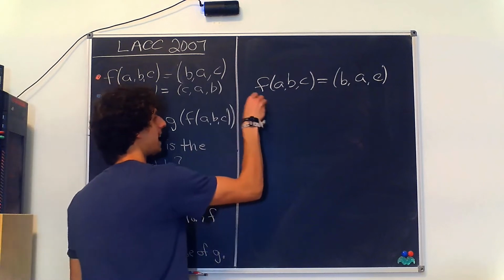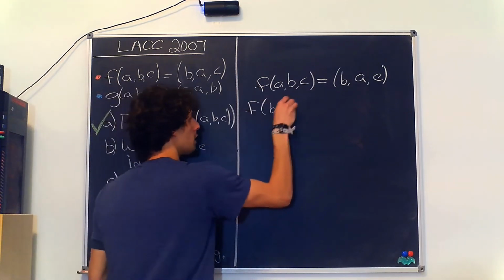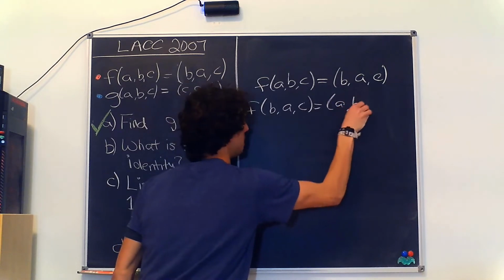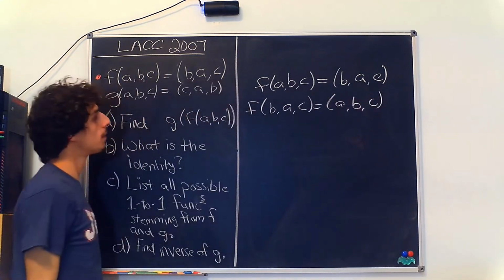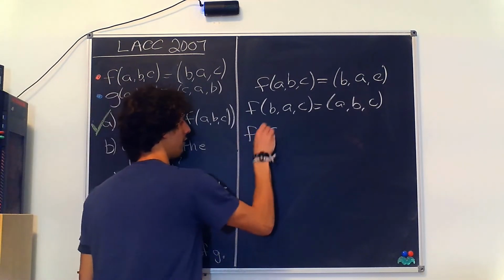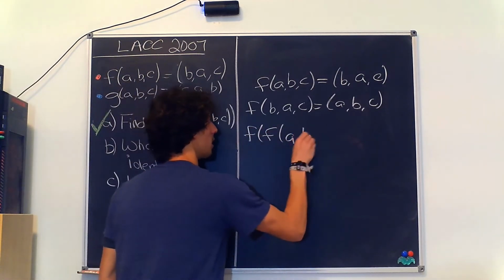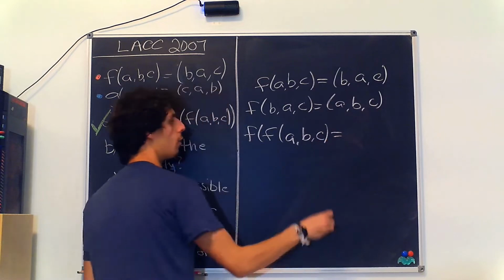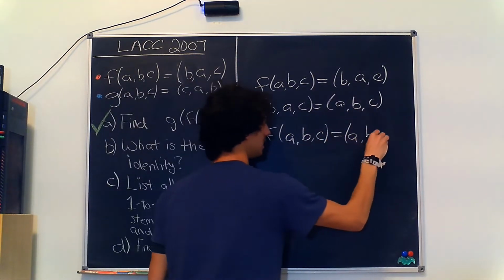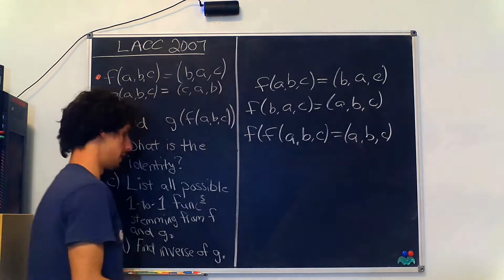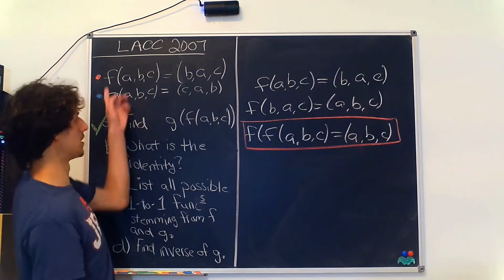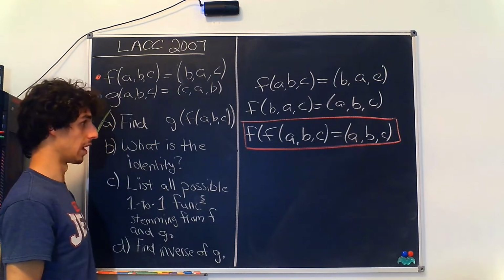So if we take that again, that gives us a, comma b, comma c. So that's great. F of f gives us what we input back out. So f of a, b, c gives us a, b, c back. So this is in fact an identity of this set of operations that we're working with up here.